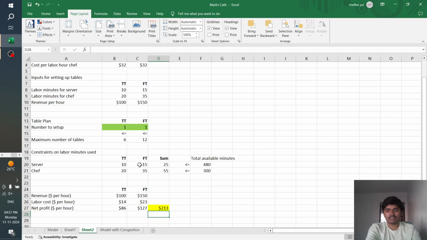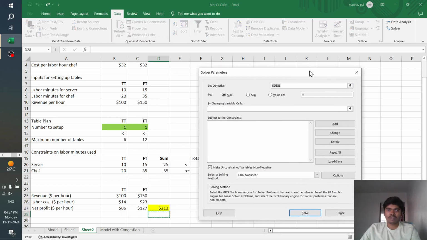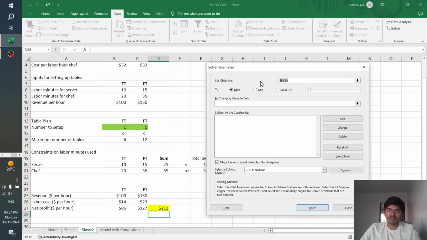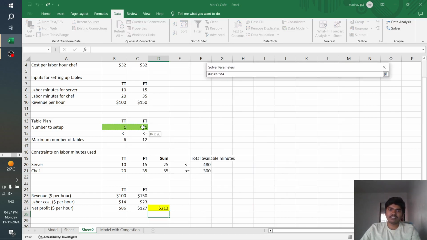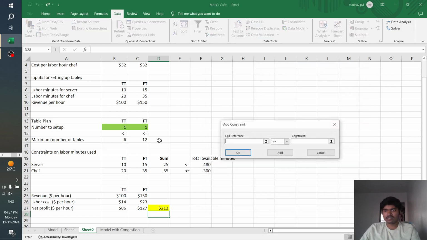So let's see. In the Data tab, we need to add an extension called Solver. With the help of the Solver, we will be able to maximize the profit. So our objective is to maximize this by changing the variables, in the sense the tables. By changing the number of tables, we will find the maximum profit. We have some constraints, so let's add them.